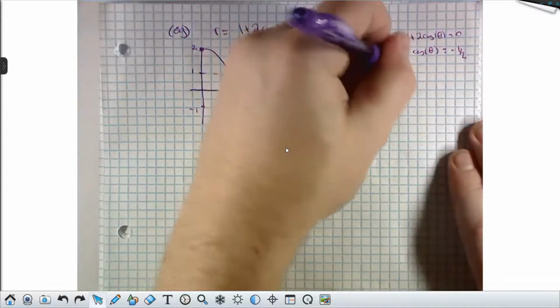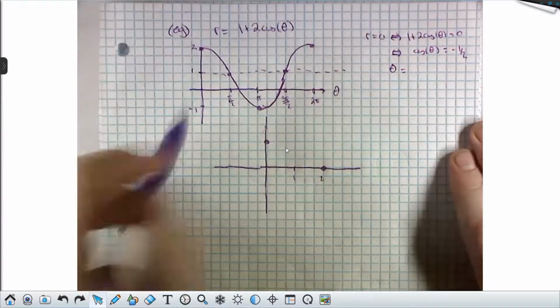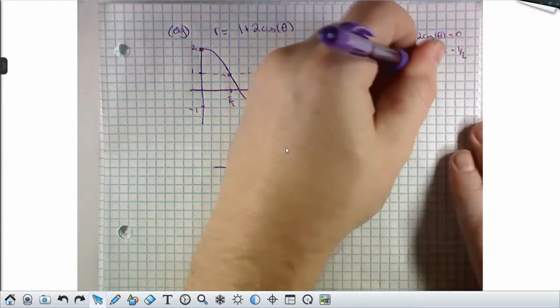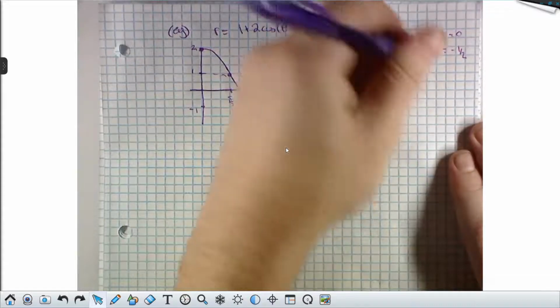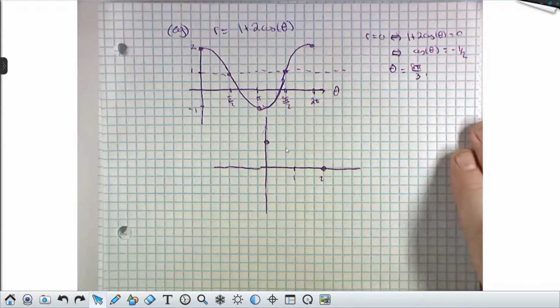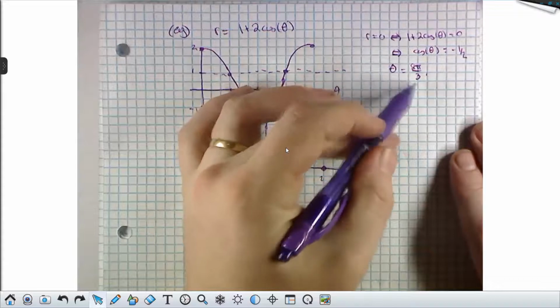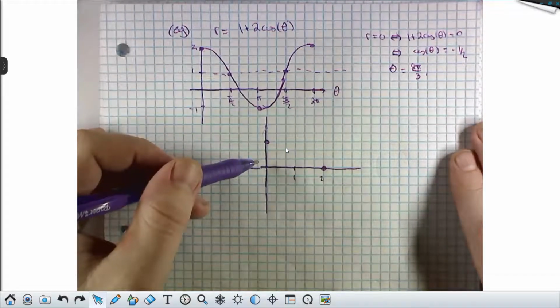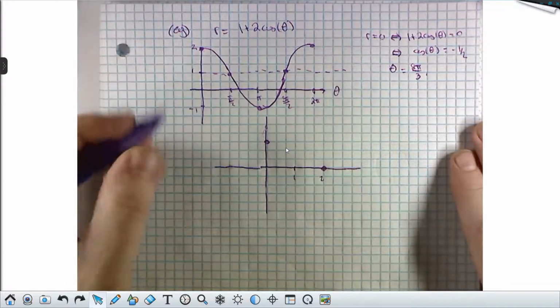So the theta values here that solve cos theta equals negative 1/2, we know from the unit circle. That's 2 pi over 3. And then what do you have? 3 pi over 3, that's pi. 4 pi over 3, that's 60 degrees into the next quadrant. So 4 pi over 3, right? That's our next guy.